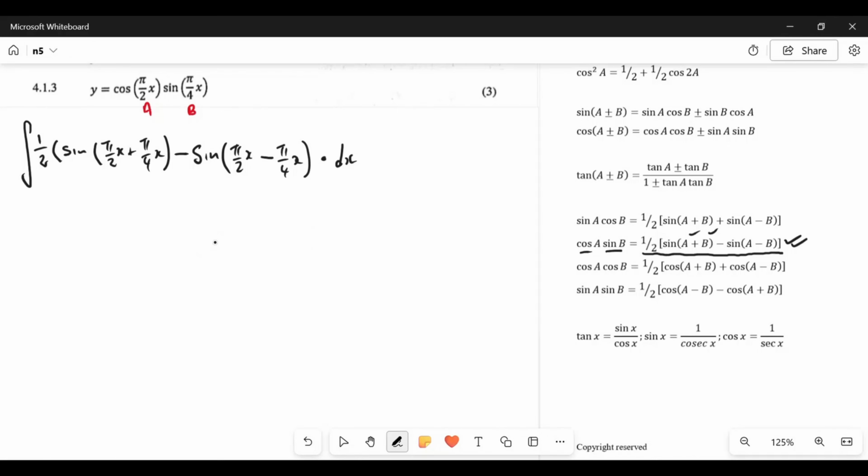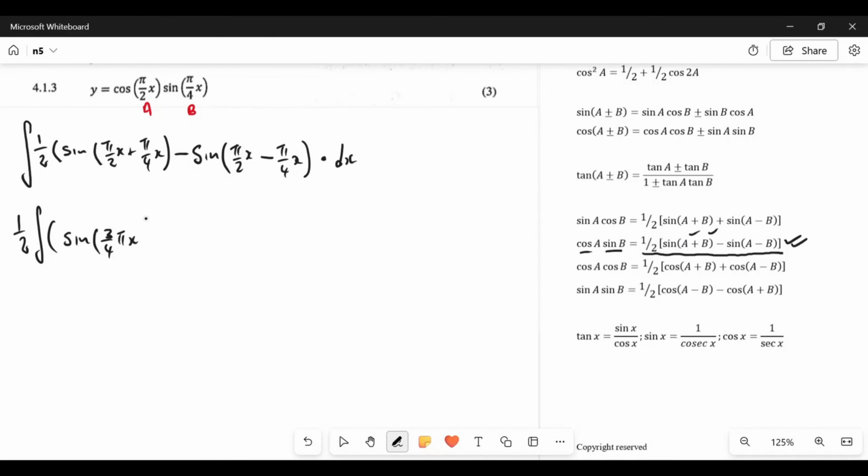There we go. So from here, guys, we just have to add these angles and subtract them. So we can take the half outside the sigma. Let's take it out. And then we are left with open bracket sine. So what do we have inside the bracket there? What is pi over 2 x plus pi over 4 x? What I'm getting here is 3 over 4 pi x.